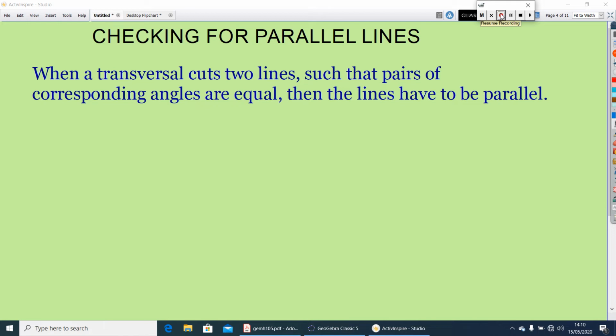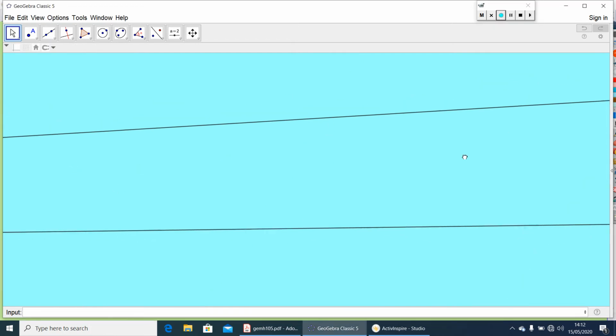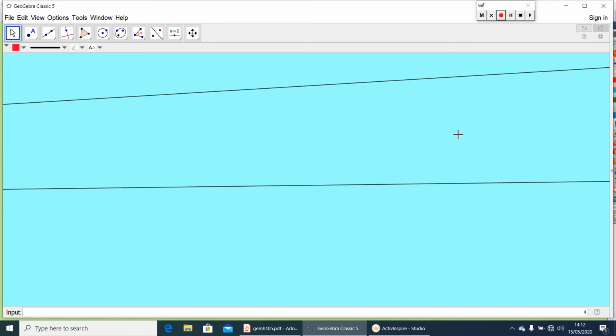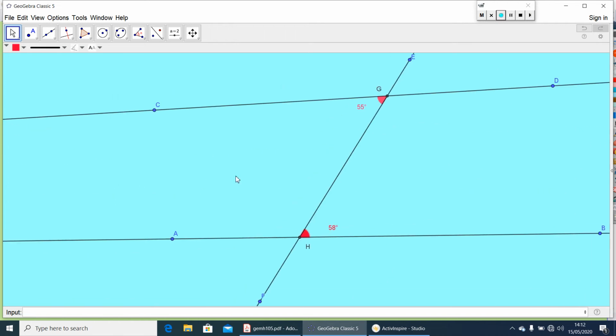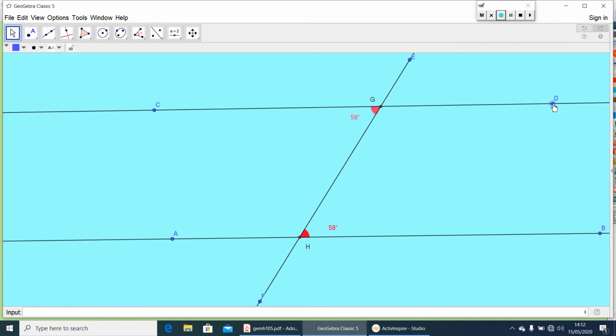Let us take another method. Take two lines and a transversal. Now measure the alternate interior angles. You can see the alternate interior angles are not equal. That means these lines are not parallel. Now just change the position. Now you can see the alternate interior angles are equal.